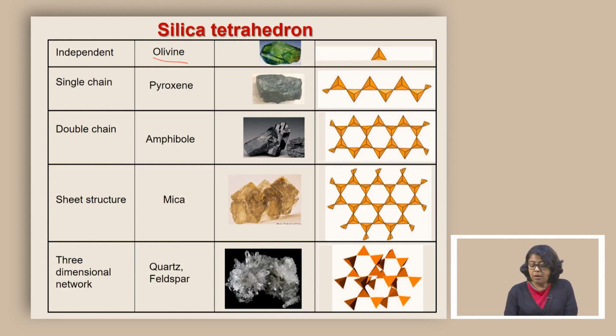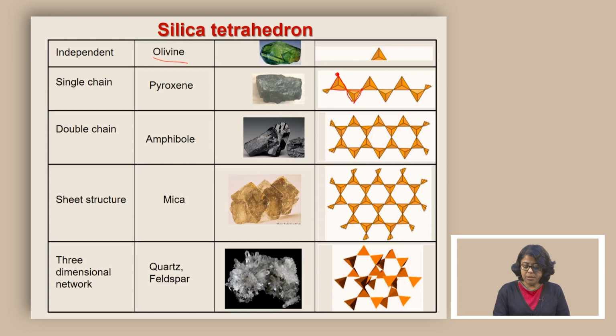There can be other possibilities where one silica tetrahedron is balanced by another silica tetrahedron, while the other places can still have metal ions. In those cases, it creates a single chain structure, and these are classical examples of a mineral called pyroxene.